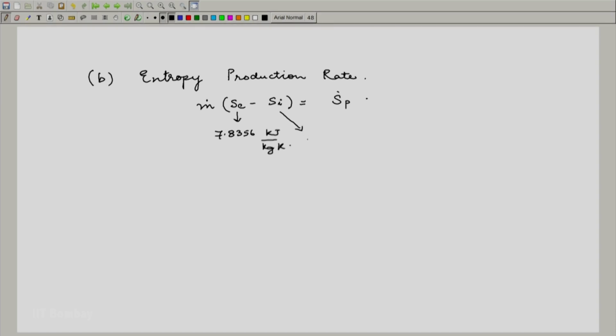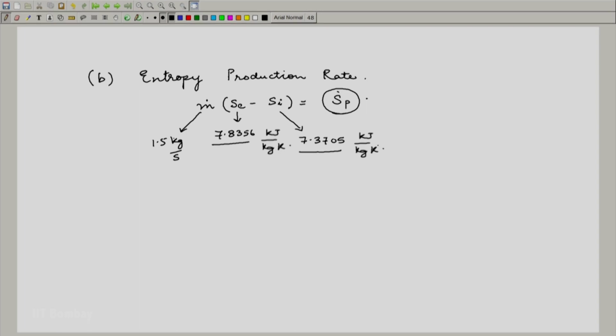Si can be read out from the steam table. This is 7.3705 kilojoule per kg Kelvin. M dot is given, this is 1.5 kilograms per second, and hence you will get S dot P. You notice that Se is more than Si, which is as it should be, because if it was lesser, then this process would not have been possible for an adiabatic open system, and we can now easily subtract, multiply by 1.5 and we would get S dot P, which is the entropy production rate.